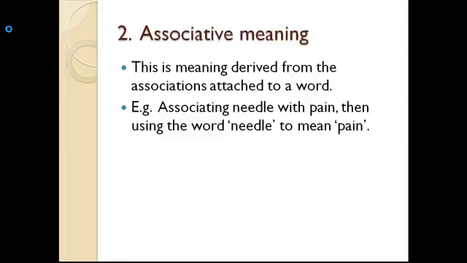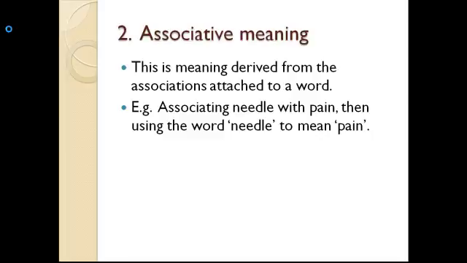Another good example would be snake. What do you associate a snake with? Obviously, a snake is a dangerous creature, and so people may associate a snake with danger. So much so that if somebody says, "Watch out, that is a snake," when you're referring to a person, does it necessarily mean that the person looks like a snake?